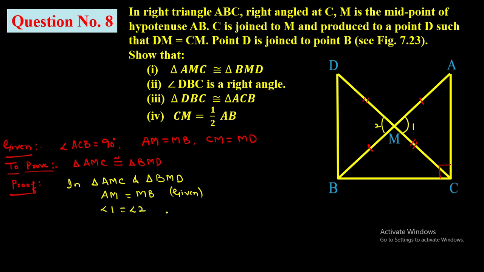Then CM is equal to MD. Thus, by side angle side congruence criteria, the two triangles are congruent.